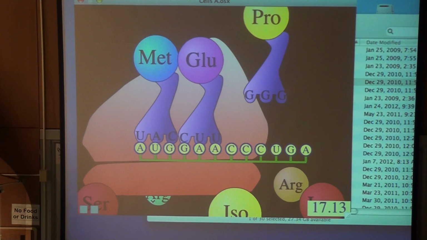I think when I was talking in the nucleic acids chapter about complementary sequence, nucleic acids will always magically find each other and bond to each other. And so that property is being exploited here to match up the proper amino acid with the proper codon in the messenger RNA.